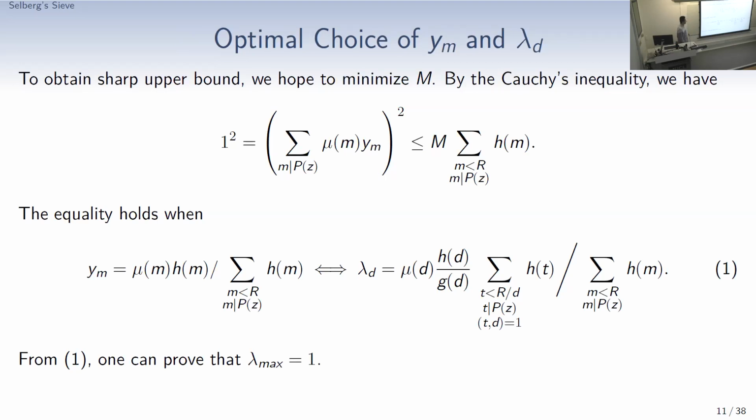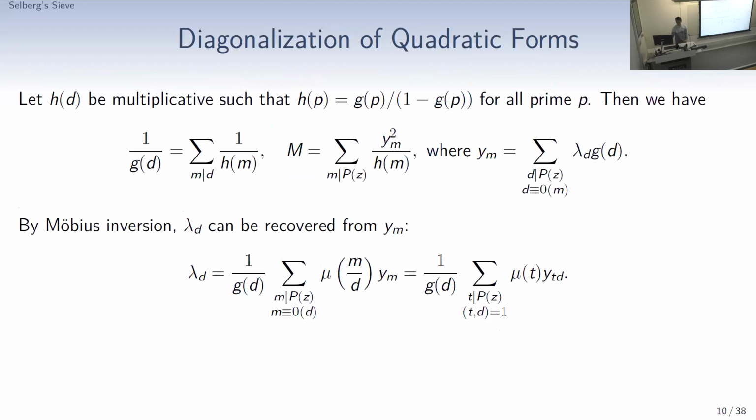Okay, so we have diagonalized the main term, and now we apply a kind of Cauchy's inequality to obtain the optimal main term, by squaring this term. If we look back at this lambda formula here, if we set d equals 1, then this term is going to be 1 because we have assumed that lambda 1 equals 1.